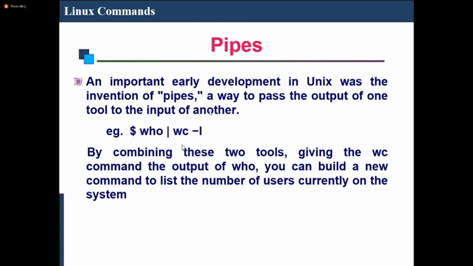So you type two commands in one line, and the input to one command is the output of the other command. By combining these tools, giving the wc command the output of who, the output of who is given as input to this second command. Then this lists the number of users currently in the system.